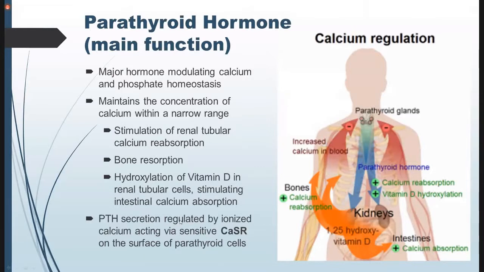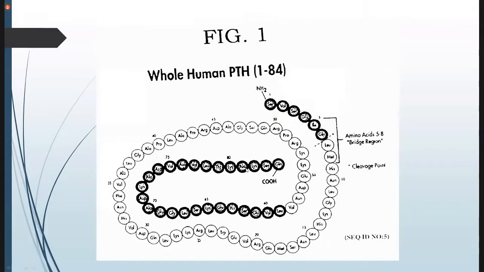PTH secretion is regulated by ionized calcium acting via the sensitive calcium sensing receptor on the surface of the parathyroid cell. So how the PTH itself is regulated is through the ionized calcium, which acts on the CaSR, which is present on the surface of the parathyroid glands. This is the figure of whole human PTH.